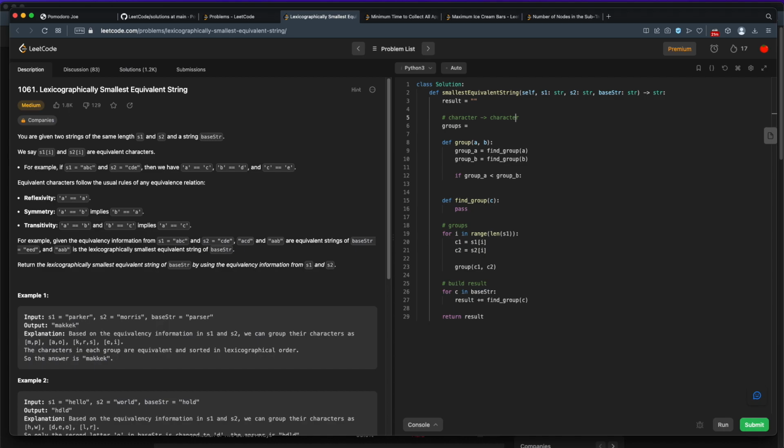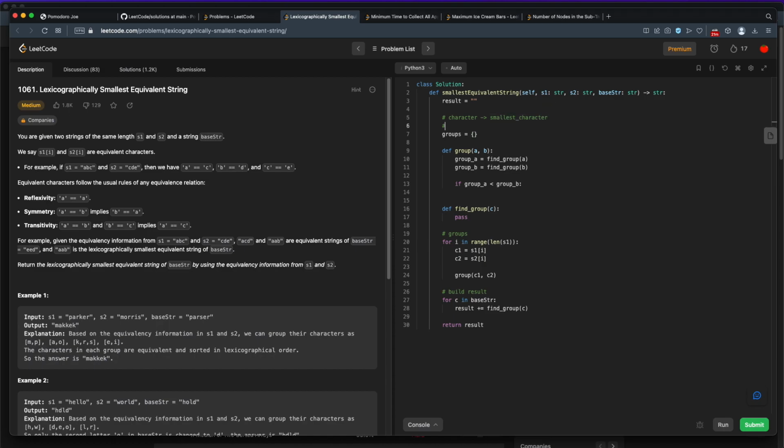So this is going to be our smallest character for that group. This seems like a dictionary to me. So the dictionary is going to be, our key will be some character, the character we're looking for, and the value will be the smallest character in that group.